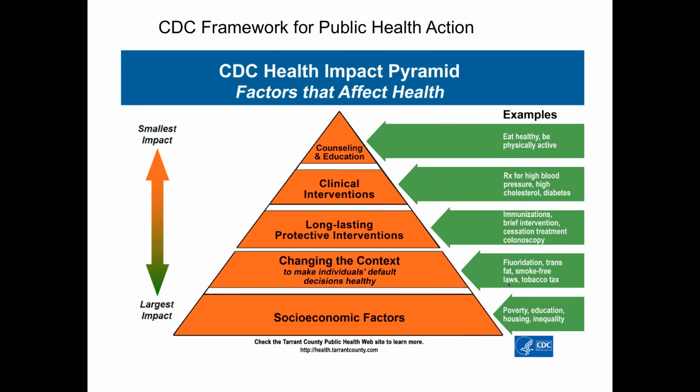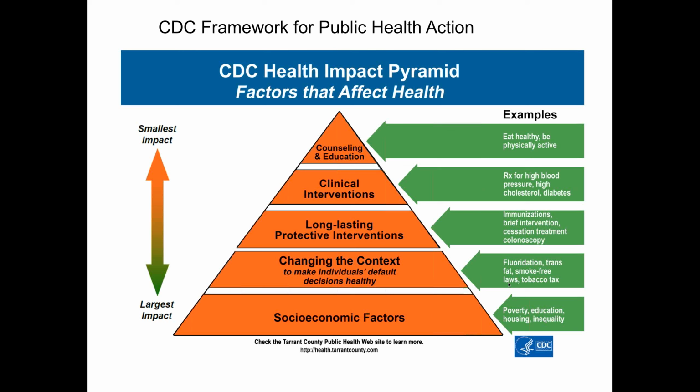For changing the context, this is in changing the environmental context that people live in. Again, we're moving towards larger impact on the population strategies, things like fluoridation, removing trans fats from food sources, smoke-free laws, tobacco taxes.